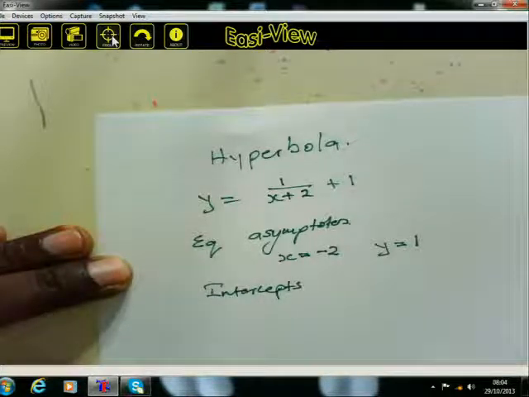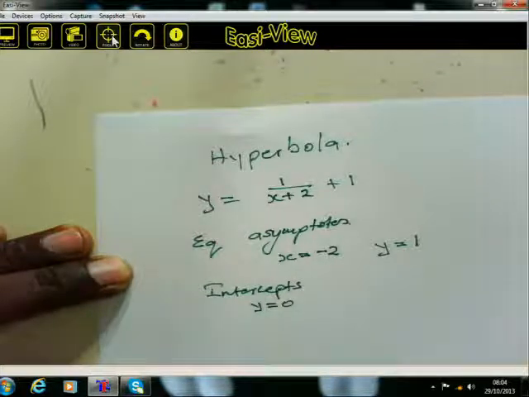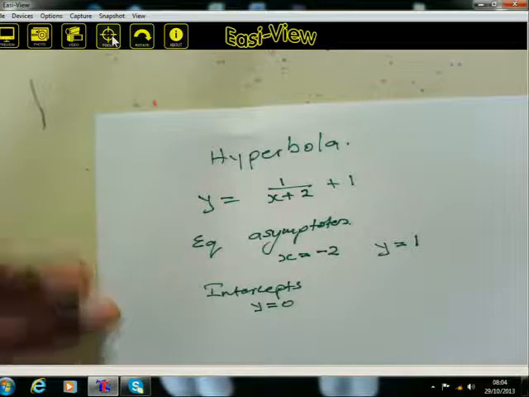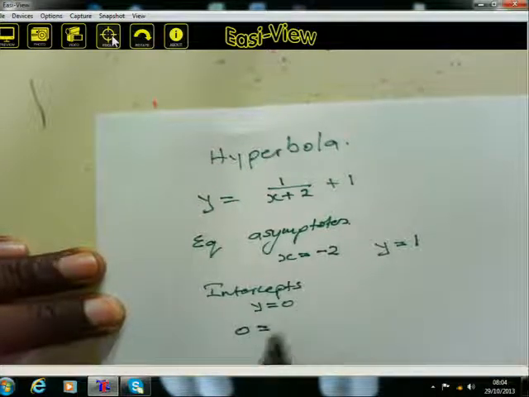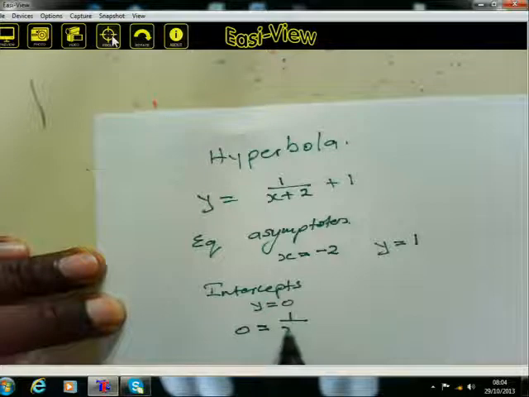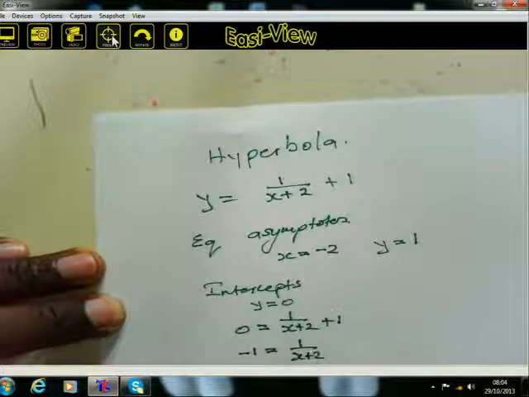How do we get the intercepts? We make sure that y is 0. So that will be the x-intercept. So where it is y, we put 0 equals 1 over x plus 2, plus 1. And then we solve for x. This one comes this side. -1 equals 1 over x plus 2.